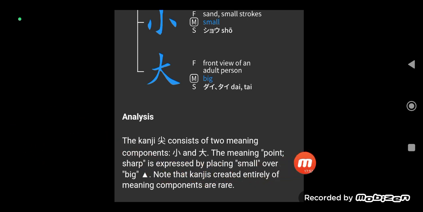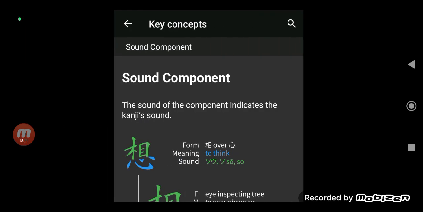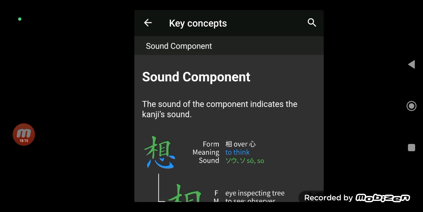Note that kanji created entirely of meaning components are rare. It's not a usual case that in a kanji all of the components are meaning components. That's a rare case. So again, to the next, sound component.